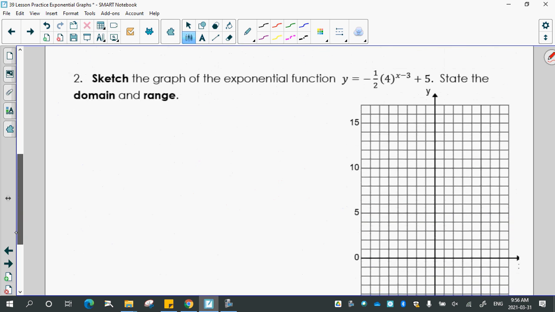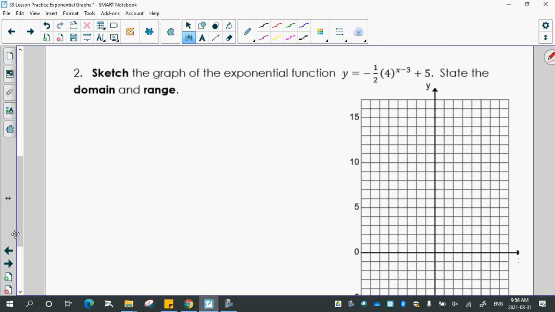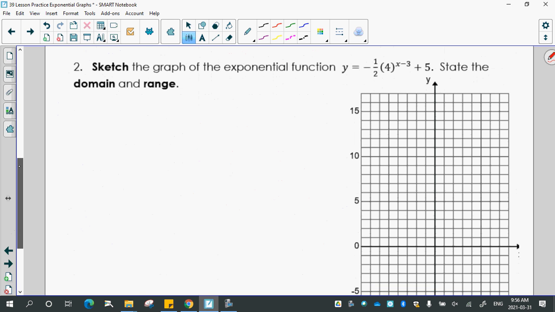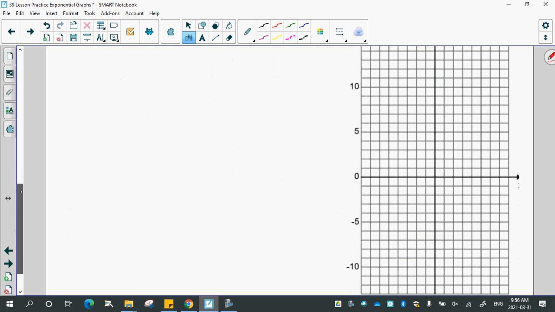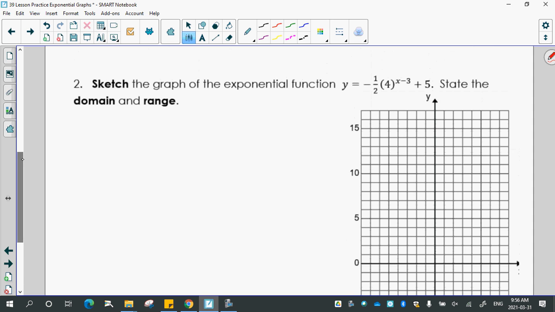Next one, sketch the graph of the exponential function, state the domain and range. So our first step is to figure out what the parent function is. So what's our parent? Anyone?